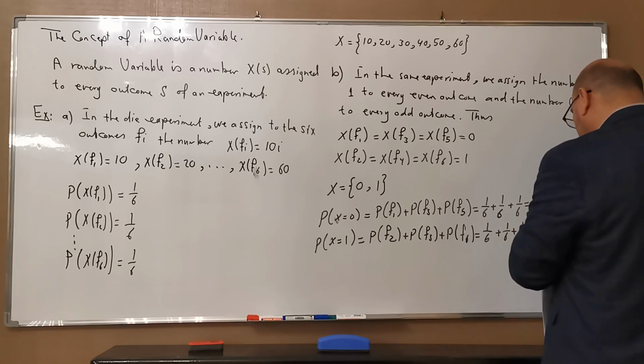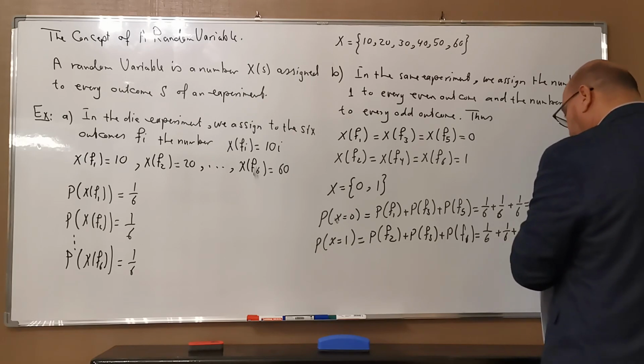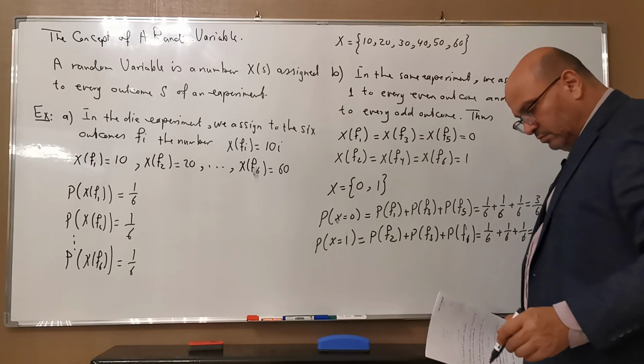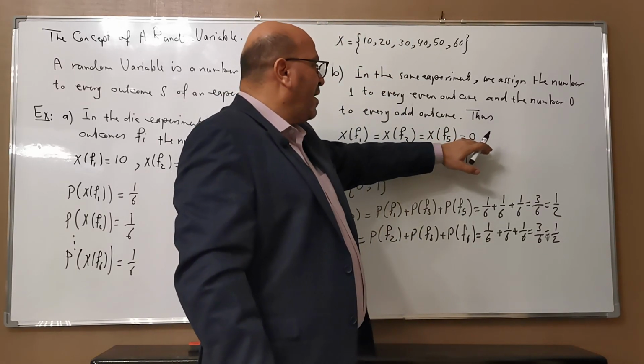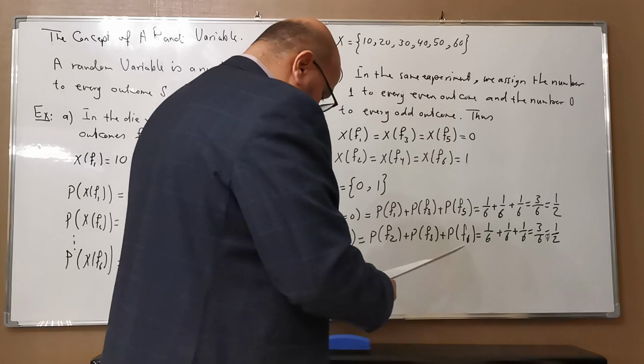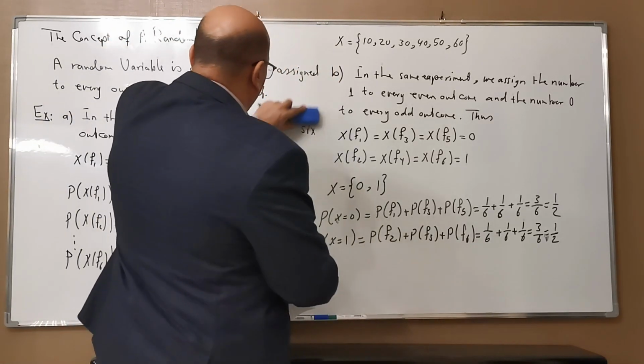This is also 1/2, which is reasonable here. Half of the events are mapped to 0, and the other half is mapped to the real number 1.